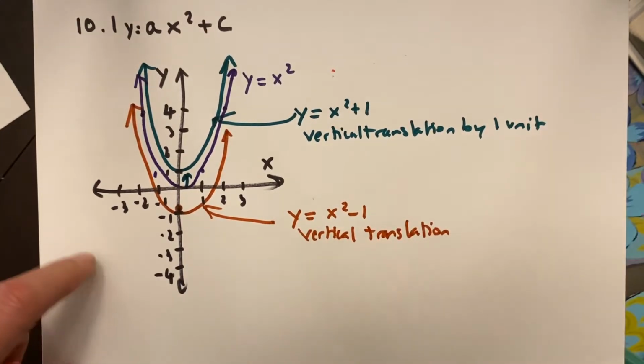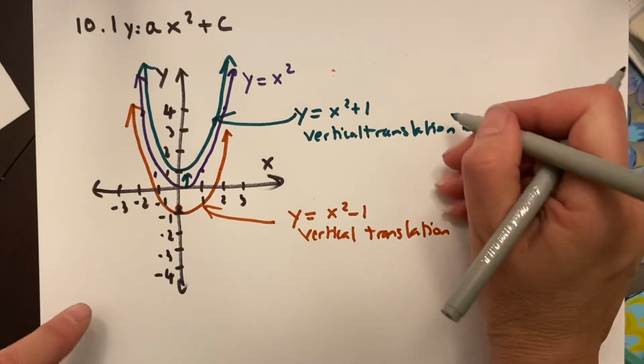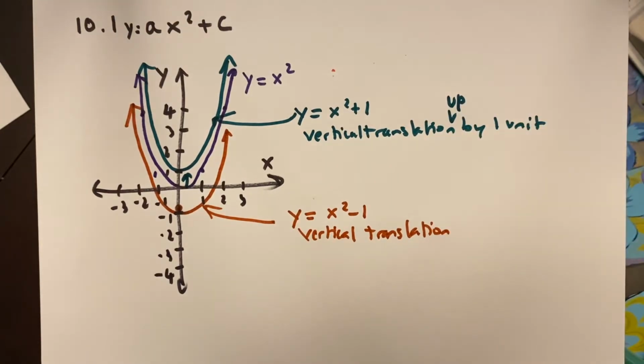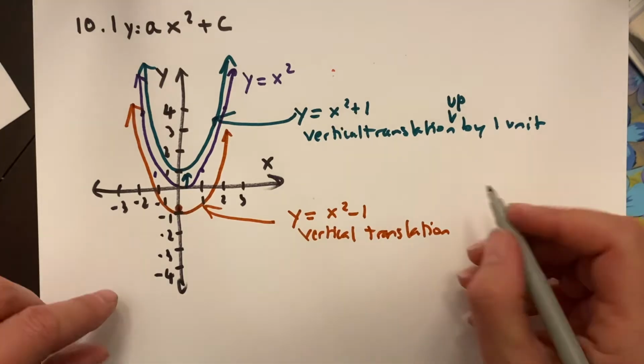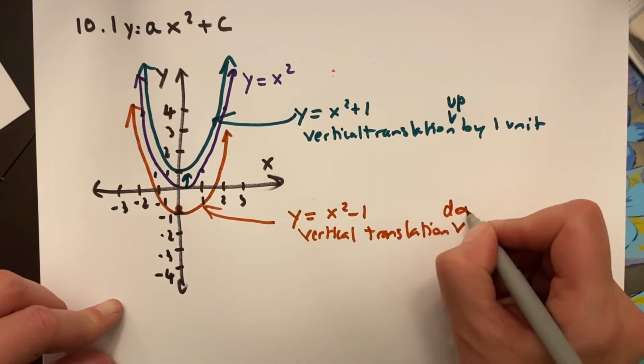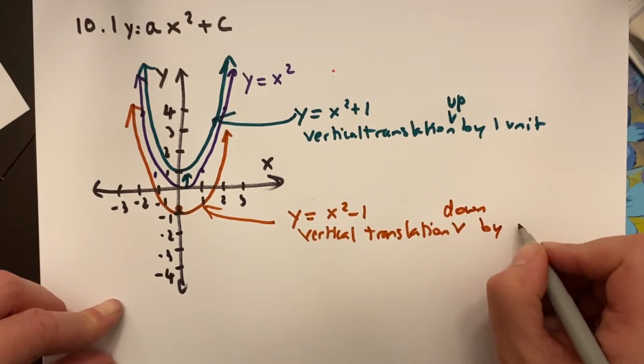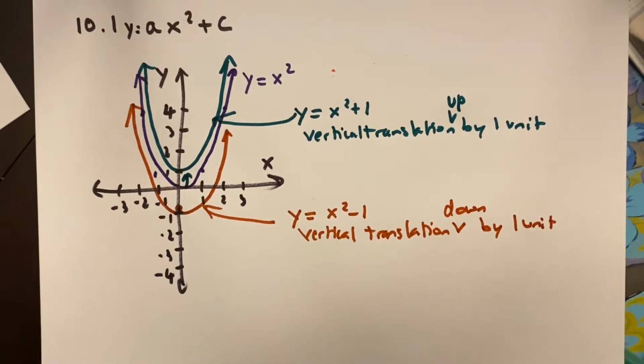And I forgot to put the key word up here, up, because this one is down by 1 unit. And so that is what happens when you add c to the graph.